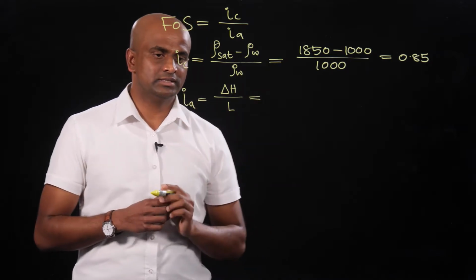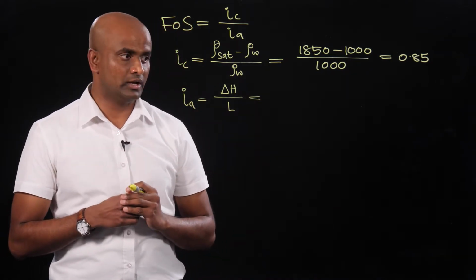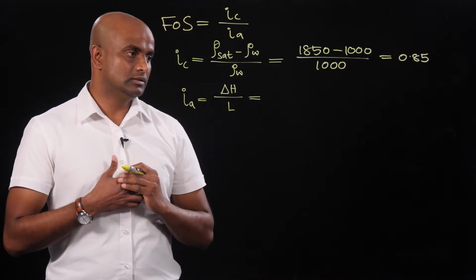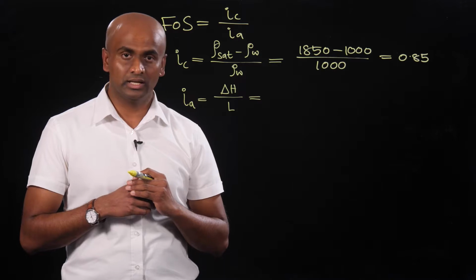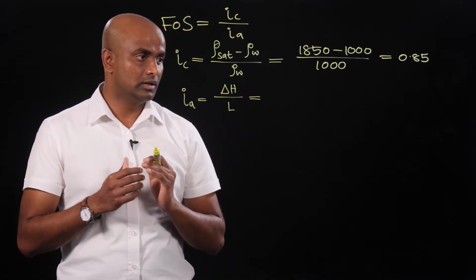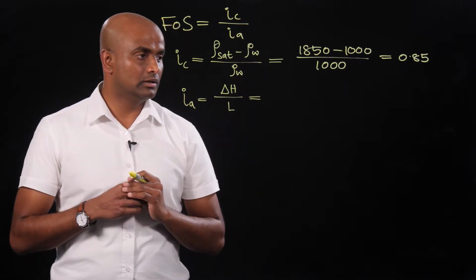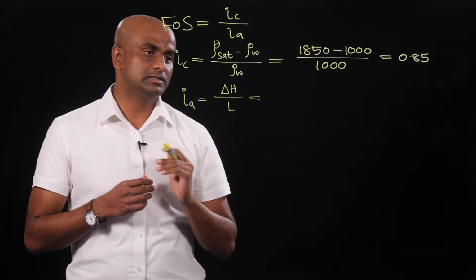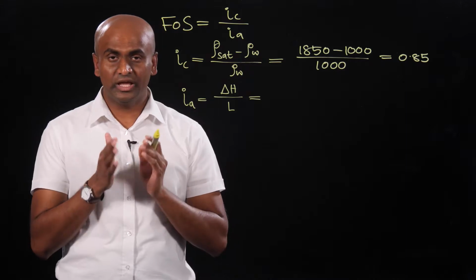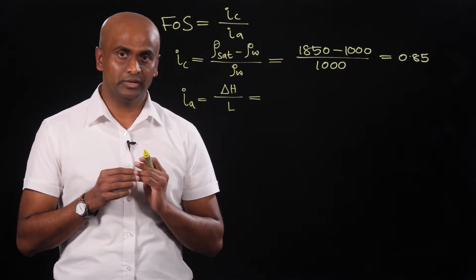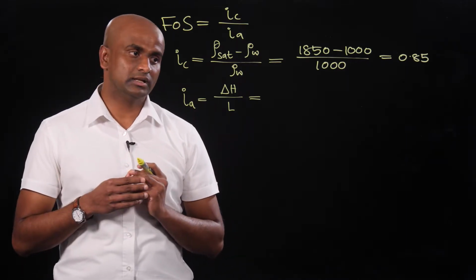The head difference across the exit square is the difference in total head between the two equipotential lines that the exit square covers. The total head difference between any two equipotential lines is the same. That's why they are called equipotential lines.